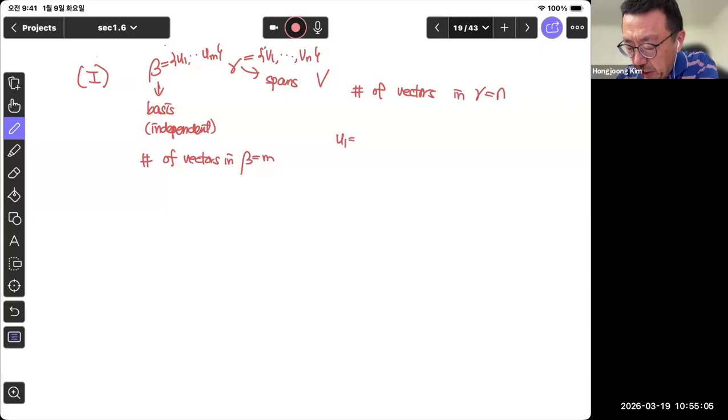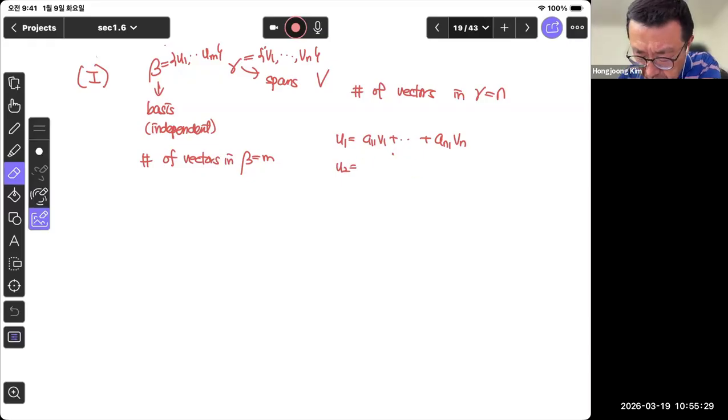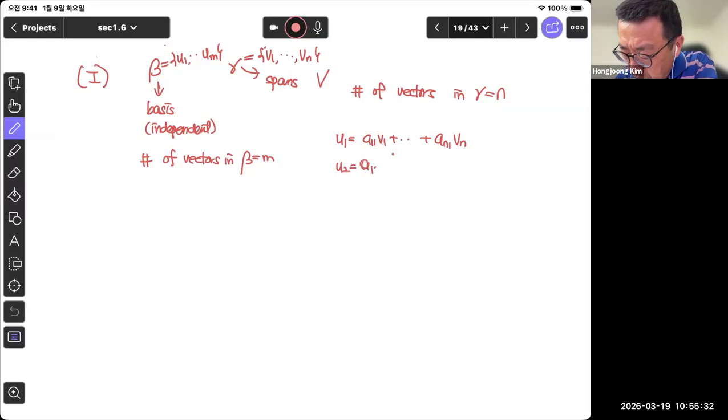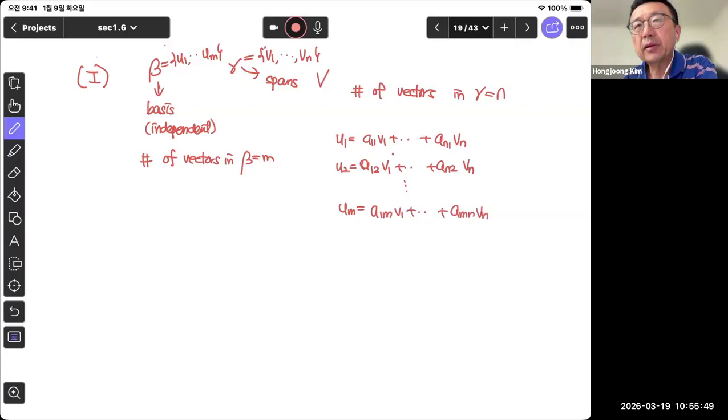So we have some numbers, say a sub 1,1 v1 up to a sub n,1 vn, and u2 can be written as a sub 1,2 v1 up to a sub n,2 vn, and u sub m will be a sub 1,m v1 up to a sub n,m vn, right? So we have such numbers.